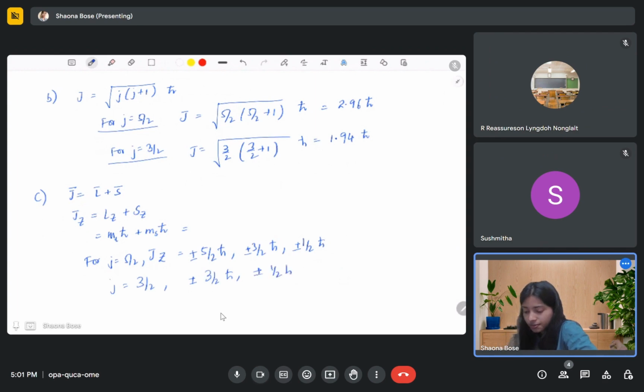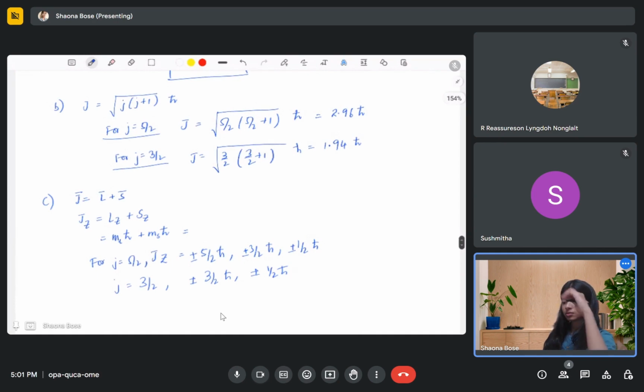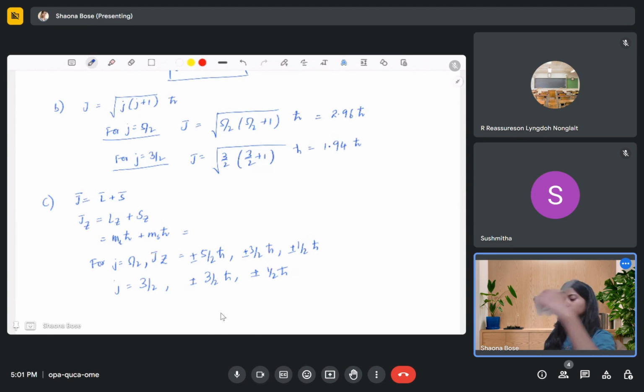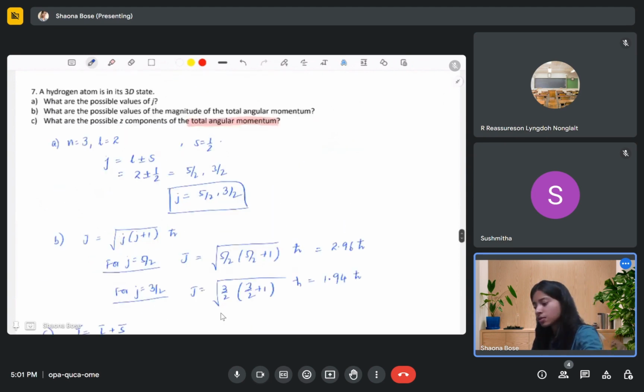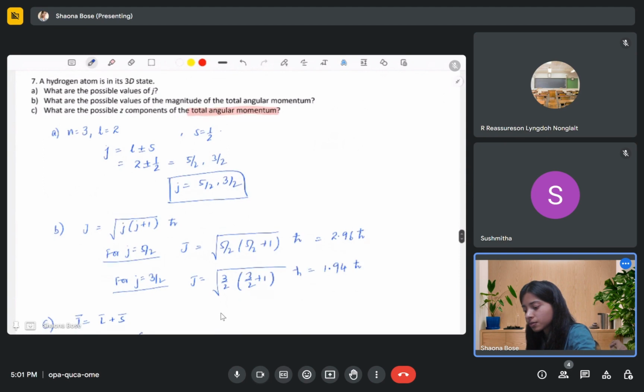And for j is equal to 3 by 2, we have 3 by 2 h cut plus minus this. That's it. Okay, that's all.